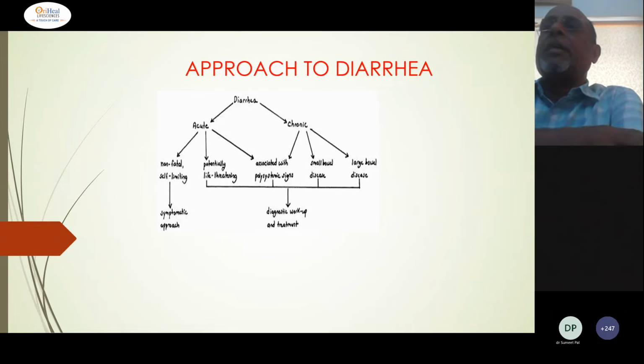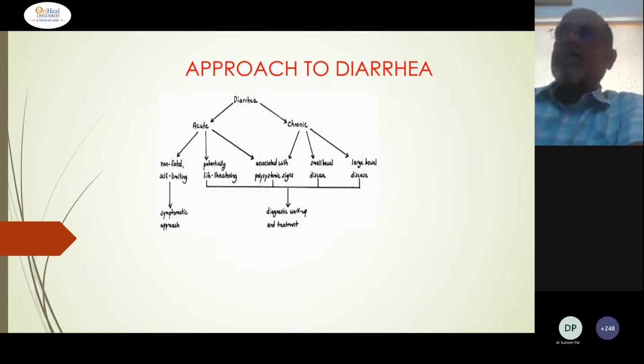They are presented in severe shock. And chronic cases associated with polysystemic signs, then small bowel disease and large bowel disease, which are chronic in nature, all require a diagnostic workup, and later on specific treatment should be given. This is how you should approach a case of diarrhea.